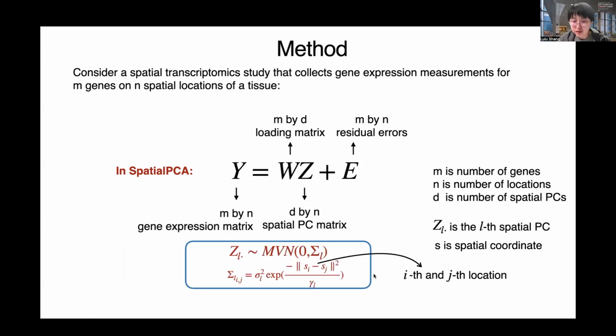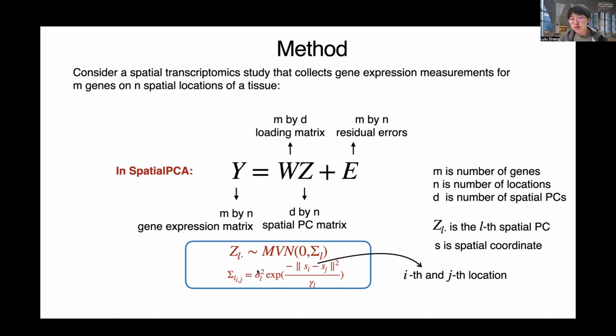So in the spatial PCA, we calculate the Gaussian kernel, for example, using the spatial coordinates. Here, Si and Sj are the spatial coordinates of locations i and j. So in this way, you can see that we are modeling the distance between the locations i and j. And we also have the bandwidth at the bottom, and the variance component at the front of this term.